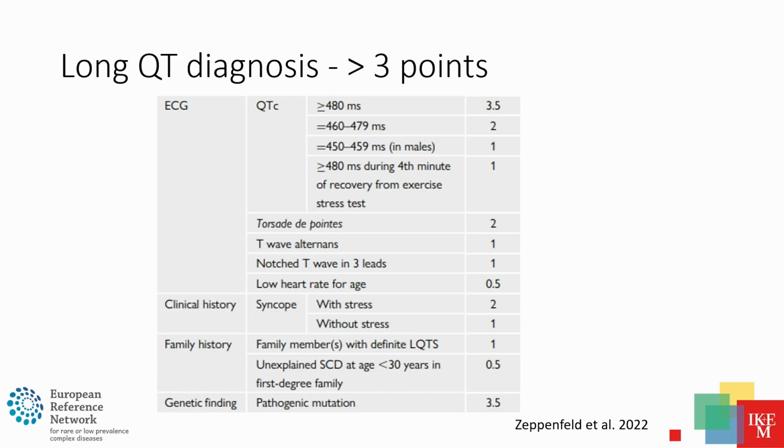There are up to 17 types of long QT, but as you all know, the most frequent ones are the first 3 types. Sometimes the diagnosis is not as straightforward, and a long QT diagnosis score might be helpful in some individuals.